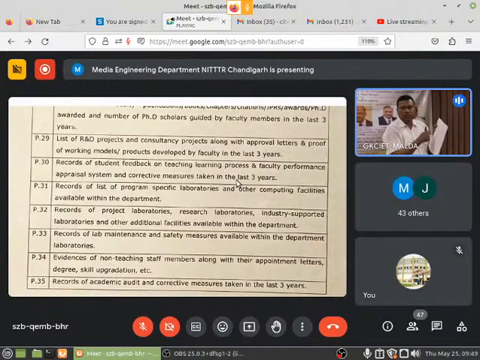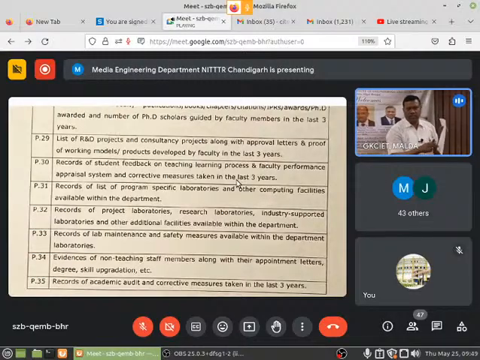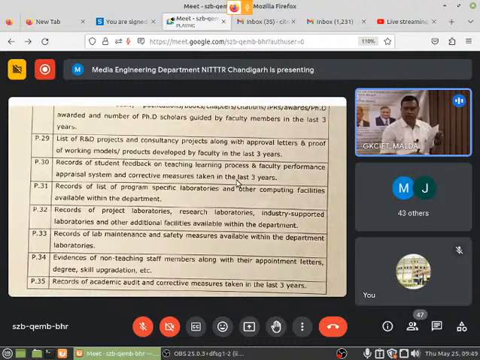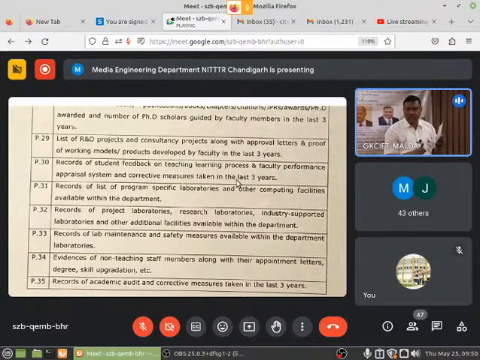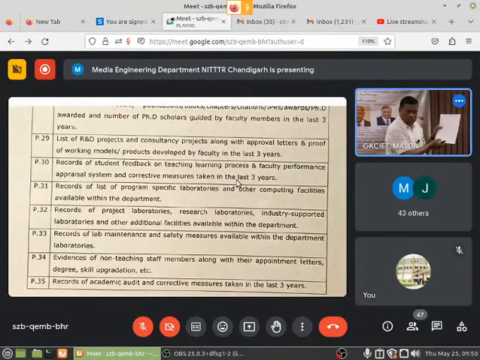That is the way you have to keep your file, with proper indexing and numbering, and the record keeper, whoever is maintaining that file. For example, if it is a department file, at the end of the document your HOD and the NBA coordinator signature should be there.